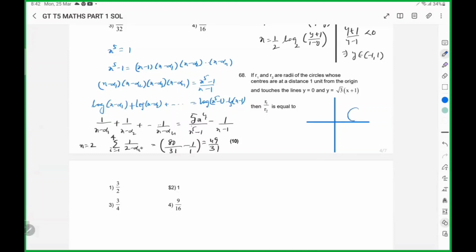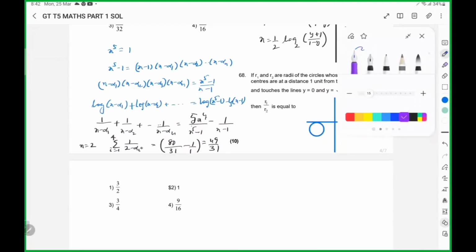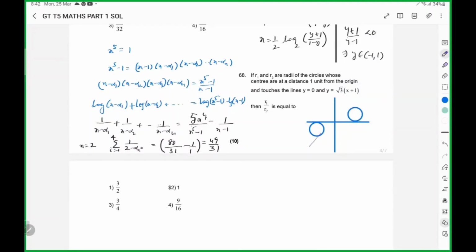Circles which touch the line y equal to x, y equal to 0. So that means they are touching the x-axis as well as another line y equal to root 3x plus 1. This is a, this is the radius, center is a comma radius.